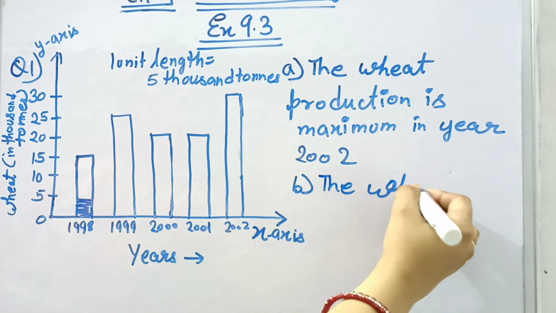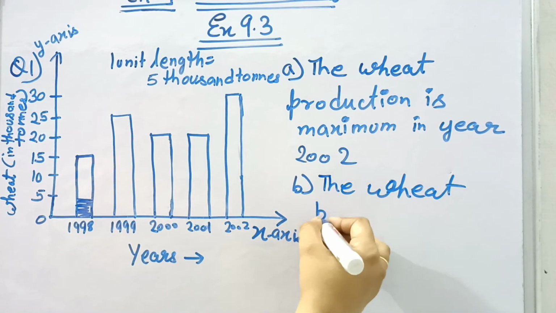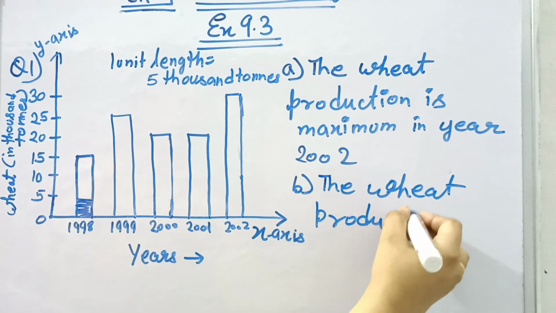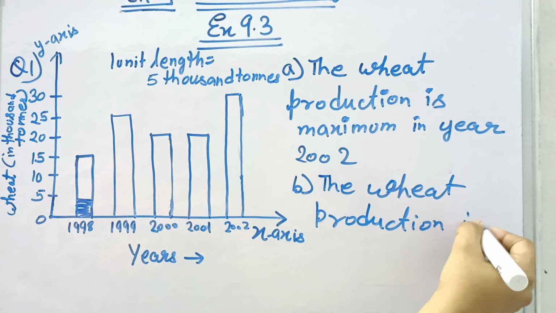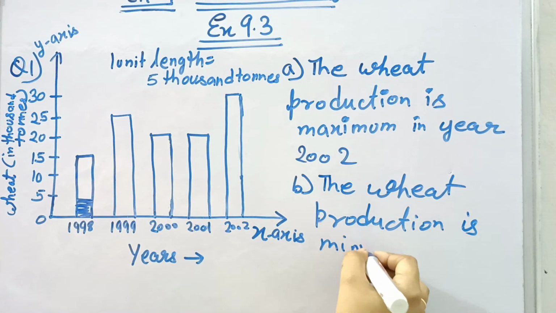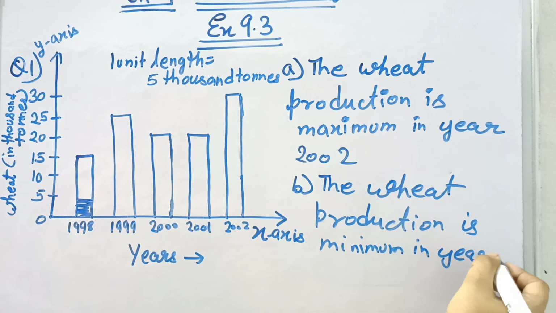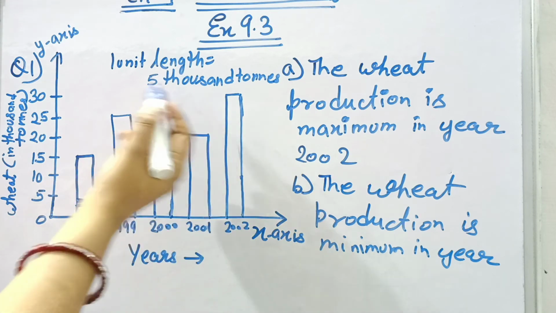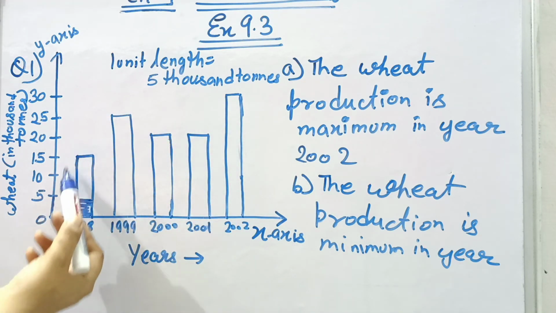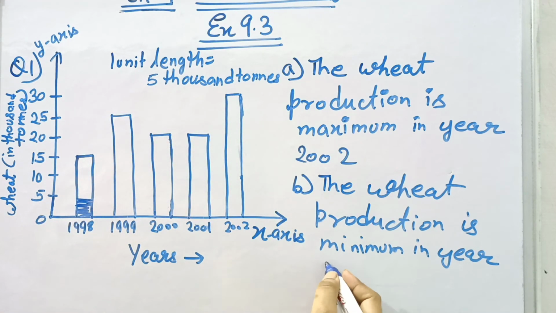So our answer will be the wheat production is minimum in the year which has the shortest bar. The bar for 1998 is the shortest one, that means the smallest one. So in year 1998 the production of wheat was minimum.